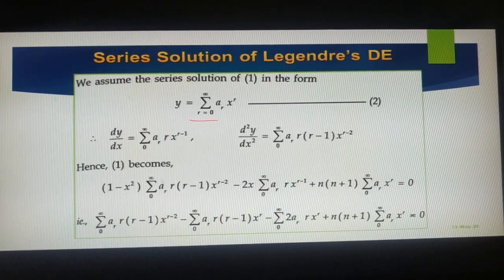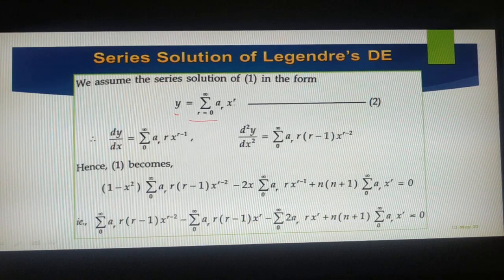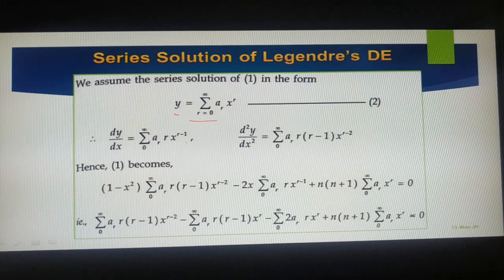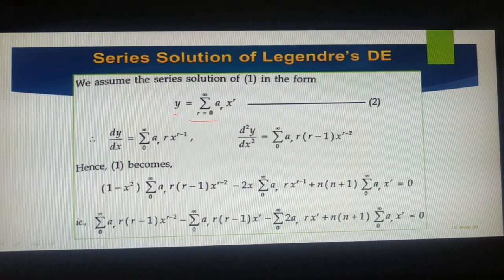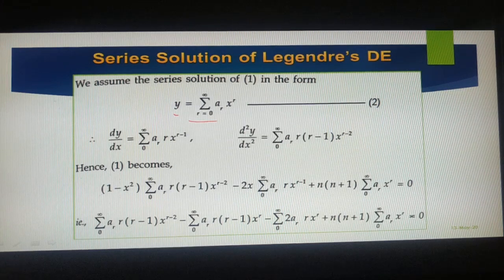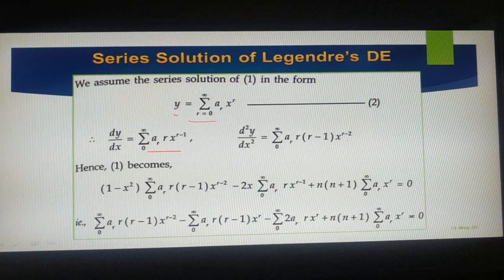Now here we have y, dy/dx and d²y/dx². So we should differentiate y. If I differentiate y, this is sigma r equals 0 to infinity ar r x to the power of r minus 1. The second order derivative d²y/dx² is summation r equals 0 to infinity ar r into r minus 1 into x to the power of r minus 2.